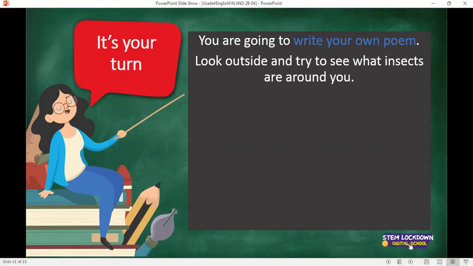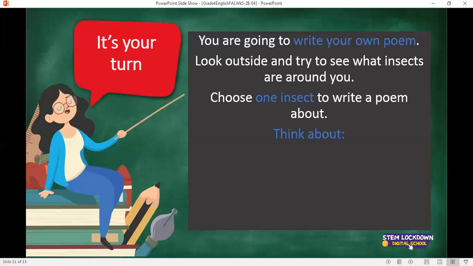If you are very lucky to have a beautiful garden full of flowers, go and look in your garden, see what insects you have. Are there bees? Are there butterflies? Are there ants? Are there little beetles? Choose one insect and you're going to write your poem about that insect.